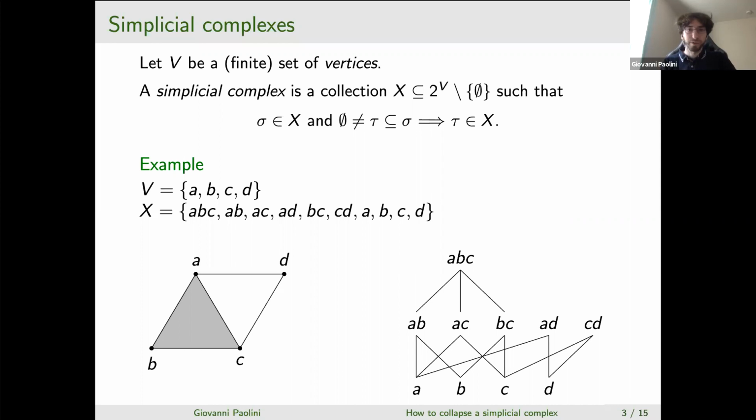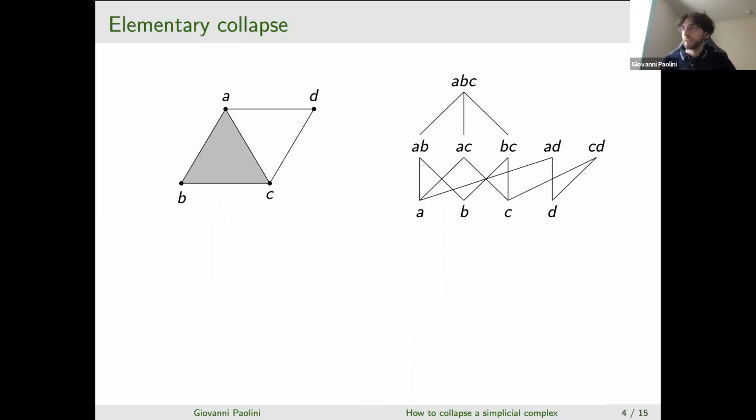It's called the face poset of the simplicial complex, which simply consists of all the simplices ordered by inclusion. And so what discrete Morse theory does is it helps formalize a way to simplify a simplicial complex while maintaining the homotopy type.